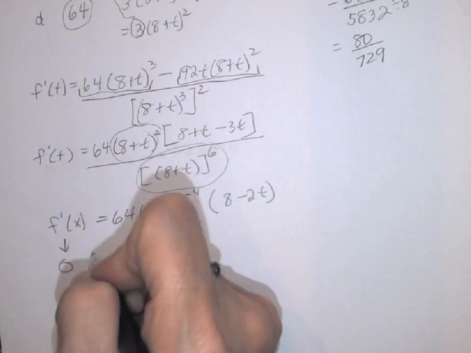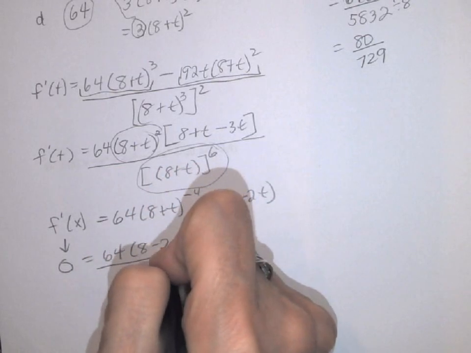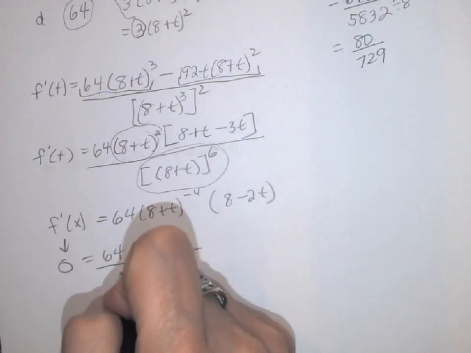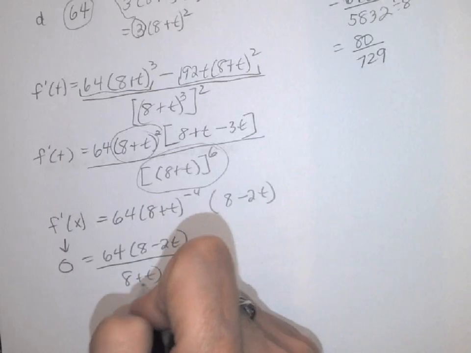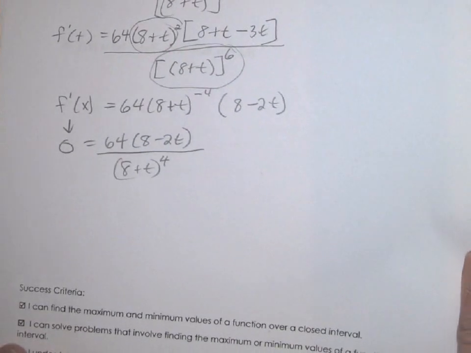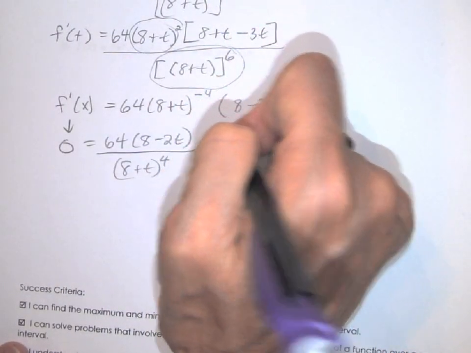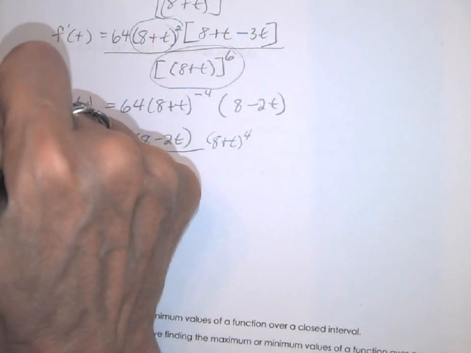Set f prime at t equal to 0. Let's sort out what's going to be in the top and the bottom. And the nice thing here is that with the denominator, if I just multiply both sides by 8 plus t to the 4th, 0 times anything is still 0.